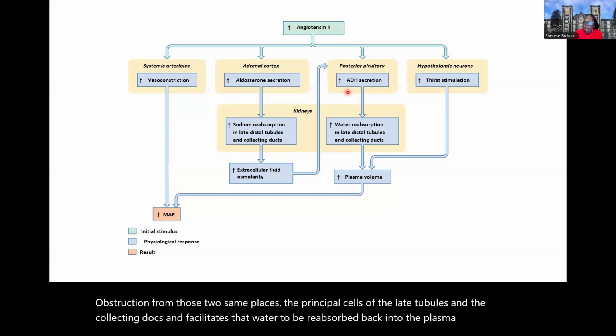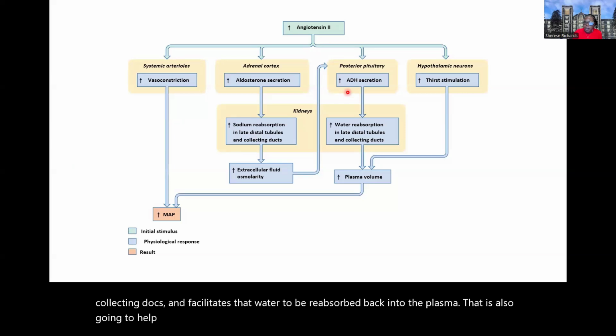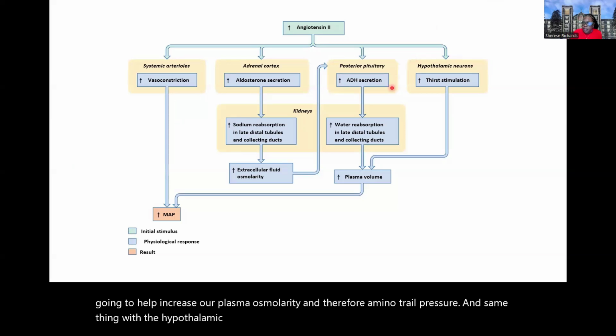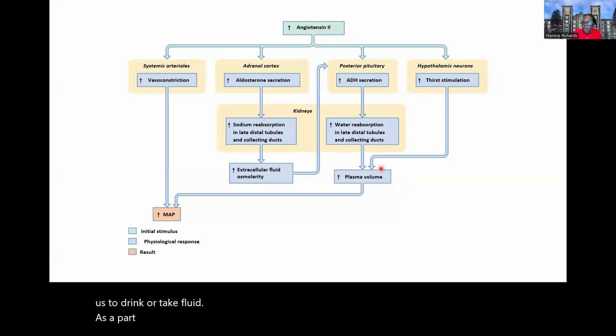That is also going to help increase our plasma osmolarity and therefore our mean arterial pressure. And same thing with the hypothalamic neurons. They stimulate thirst and they basically encourage us to drink or take in fluid as a part of correcting that plasma volume and increasing mean arterial pressure.